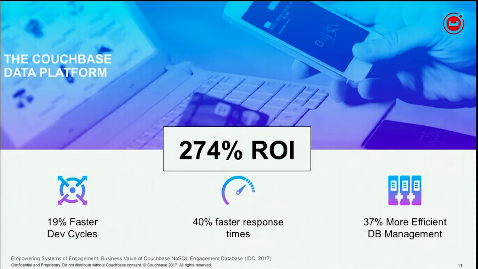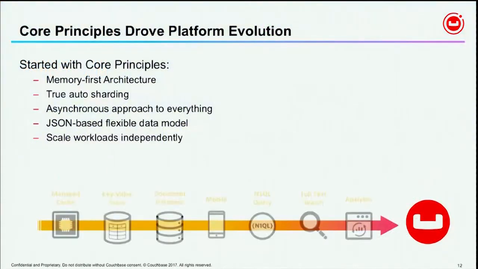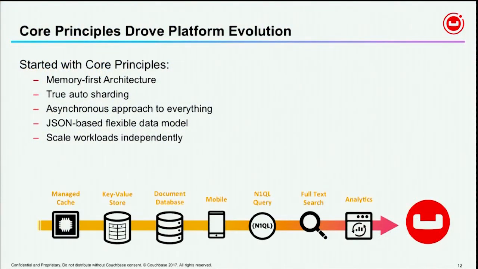Okay, so that's enough of the marketing and statistics. Let's get into some of the more technical details of how Couchbase has come to be. We started with a few core principles. And the lifetime of the product has closely mirrored the lifetime of our customers and their needs.